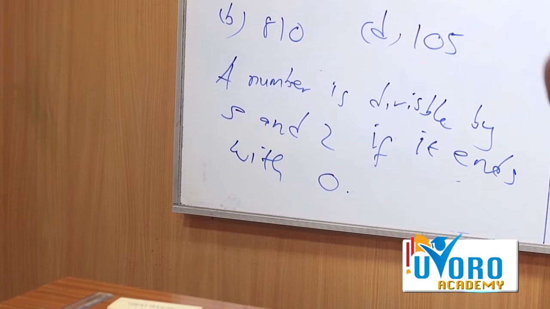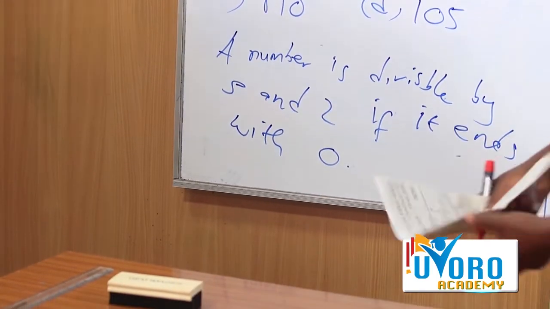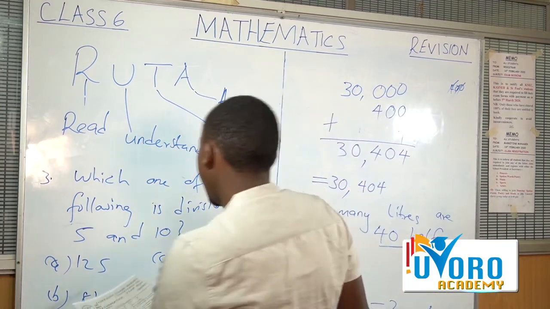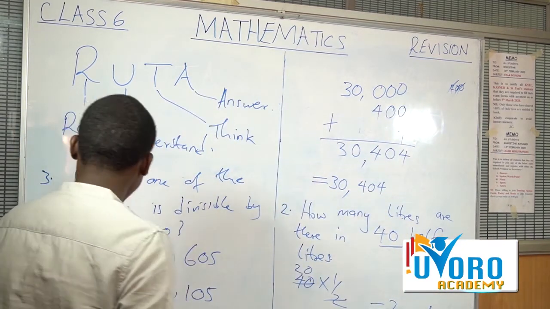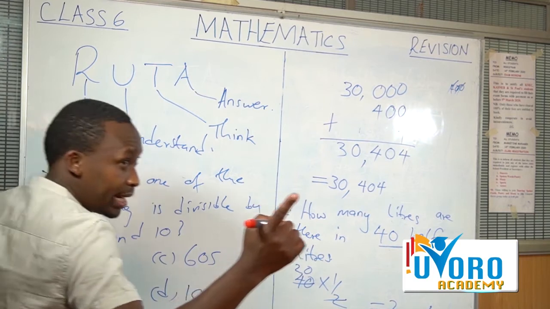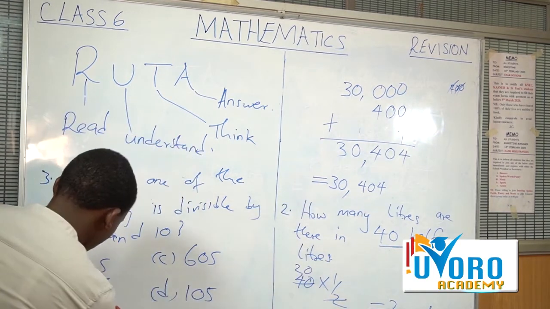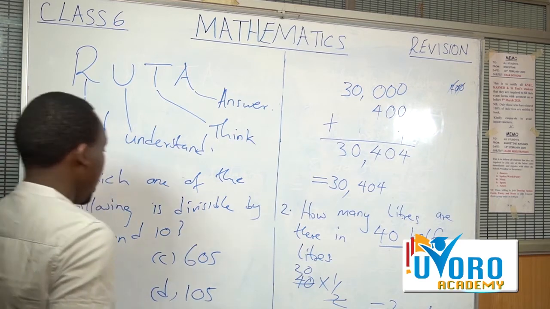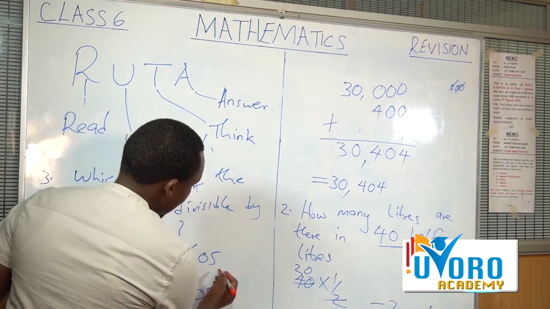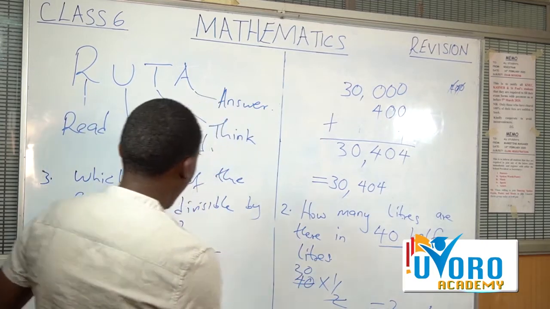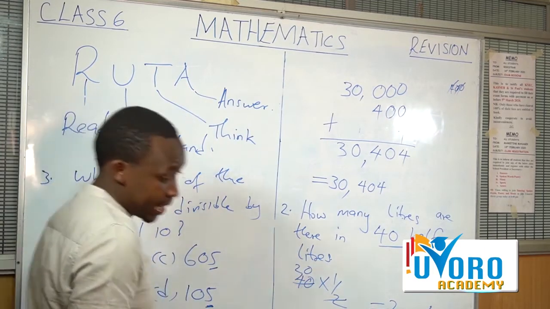A number is divisible by 2 and 5 if it ends with what? 0. Now, let's locate these numbers that are ending in our digits. The first one is what? 5. Very good. The other one is what? B, 0. Our C, the one that is ending is what? 5. And for our D, it is again 5.